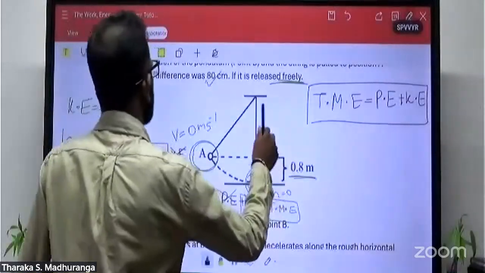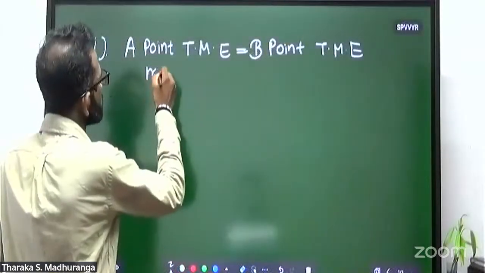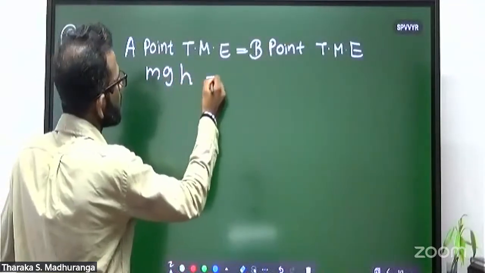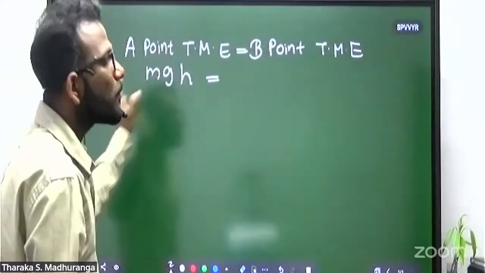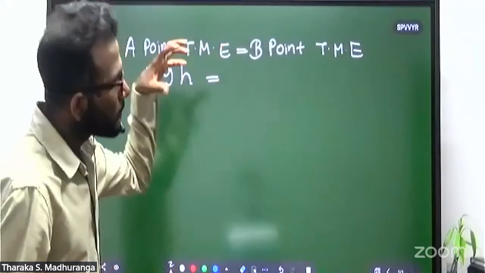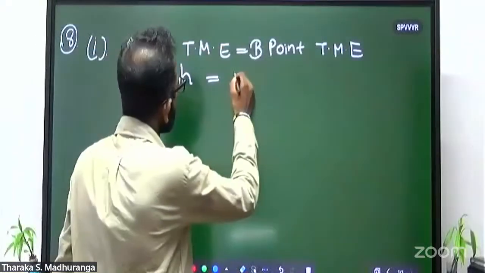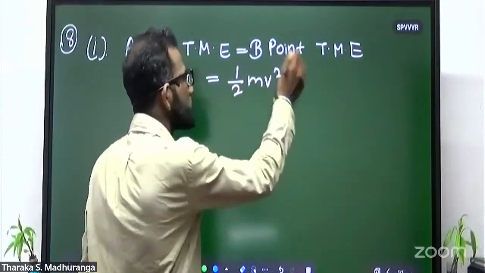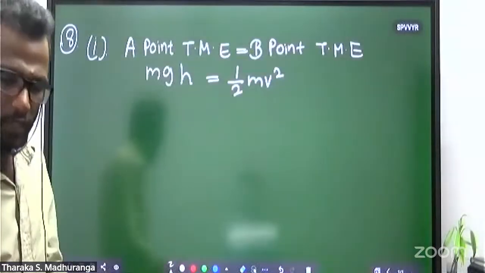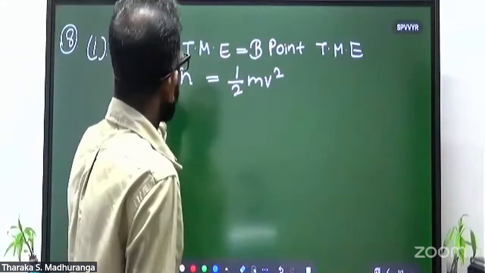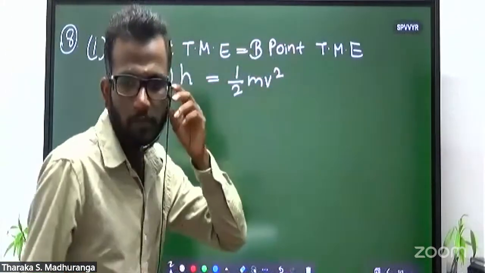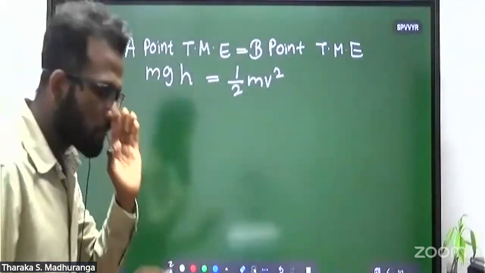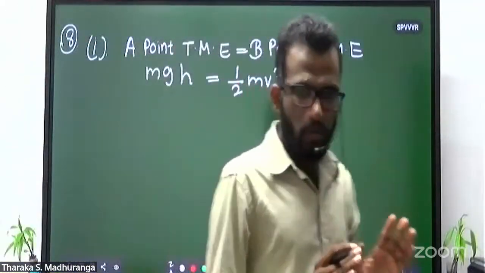The potential energy means mgh. The B point total mechanical energy is fully equal to the kinetic energy. The kinetic energy means half mv squared. The potential energy cancels out and therefore half mv squared.